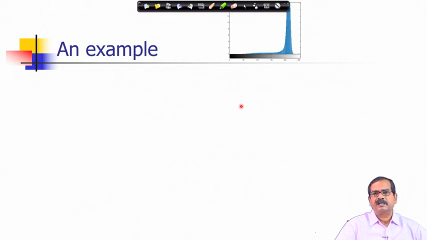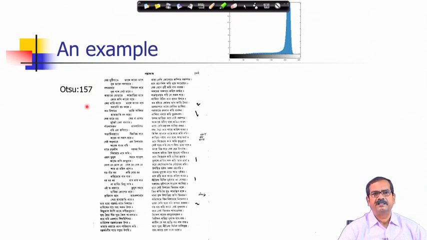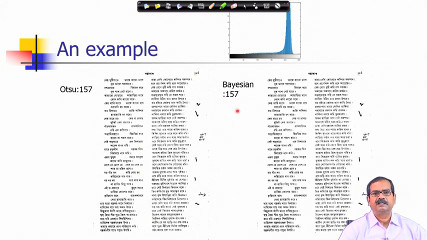As an example of this processing, with that particular document image we computed the Otsu threshold, which is 157 in this case, and it gives this kind of image. If I consider the Bayesian threshold, we find another image.